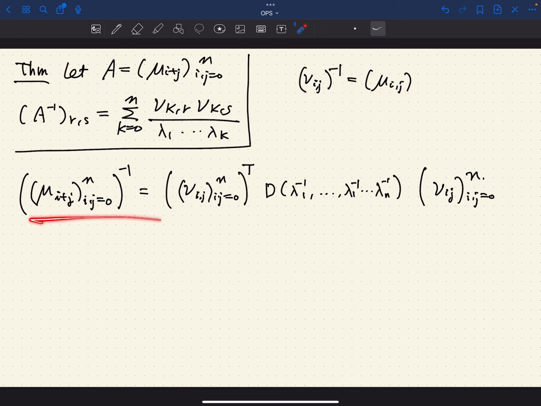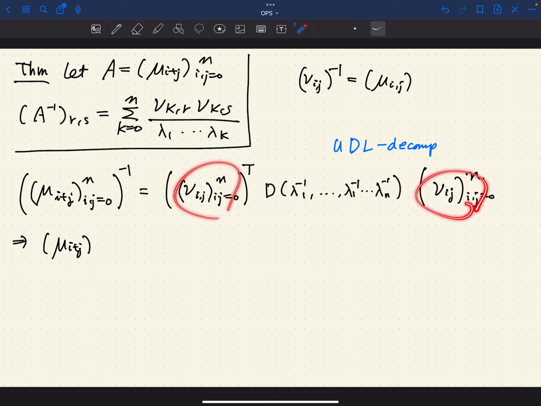So if you take the inverse of both sides, then we get this. By the way, this is lower triangular, upper triangular, lower triangular, diagonal, lower triangular. So this is a UDL decomposition, right? Triangular matrices and diagonal.